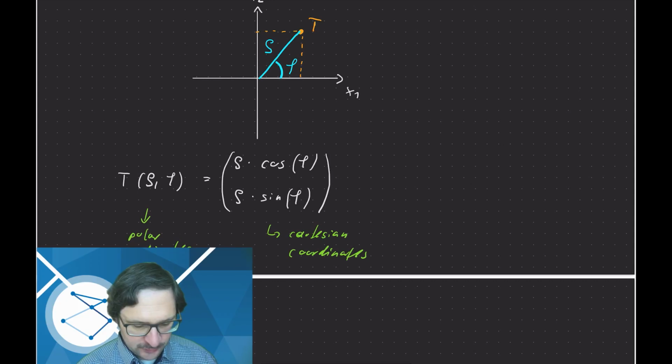We are now going to generalize that idea to 3D space. One straightforward generalization is to just add the x3 component to that description. So you describe a point in the x1, x2 plane through polar coordinates, and you then just add a height, an x3 coordinate, as the third coordinate. So it's a mix between the polar coordinates in the plane plus that Cartesian third coordinate to get the 3D point.